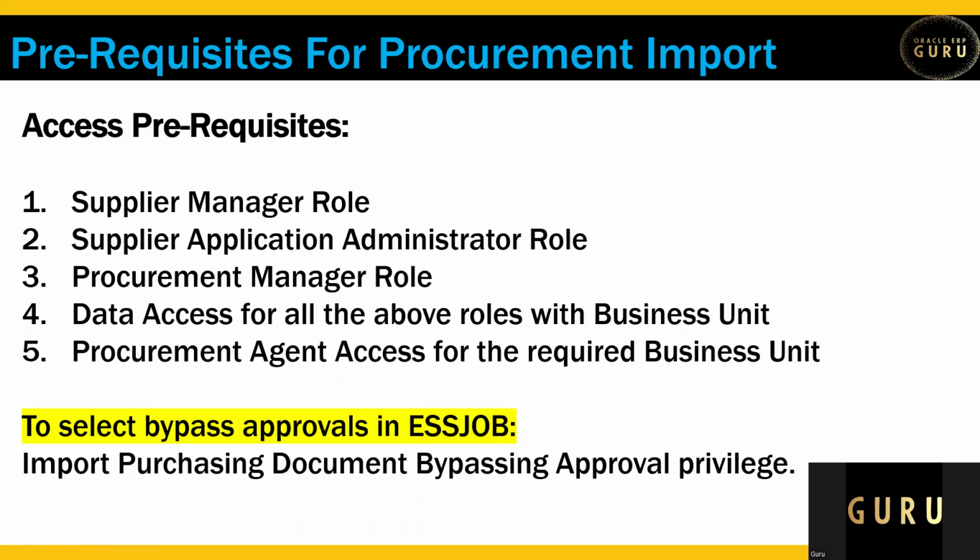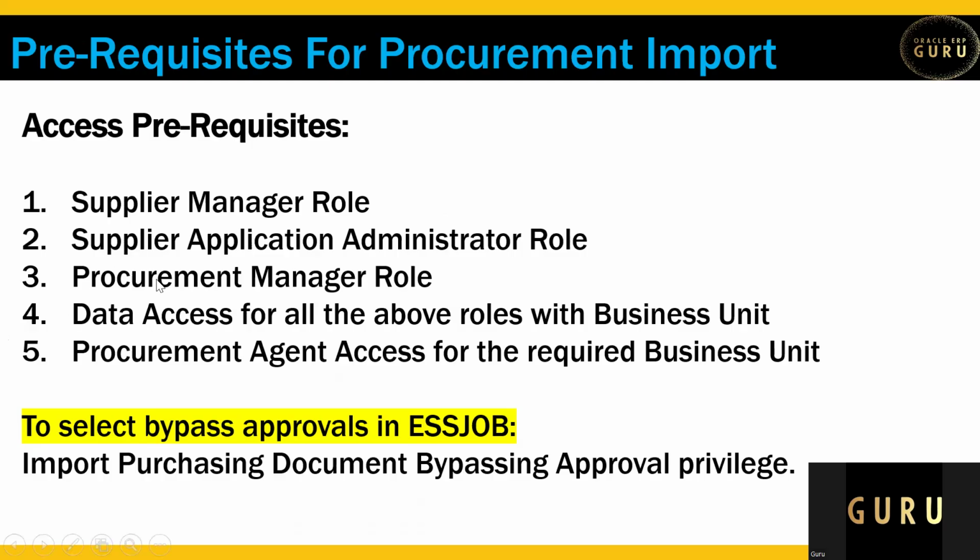The supplier manager role is needed in case, before the purchase order import, you want to create any suppliers in the system. Here the very important role is the procurement manager role. That is very, very important to import the purchase orders from a third-party system to your Oracle.